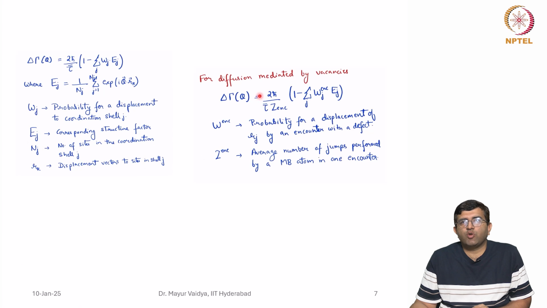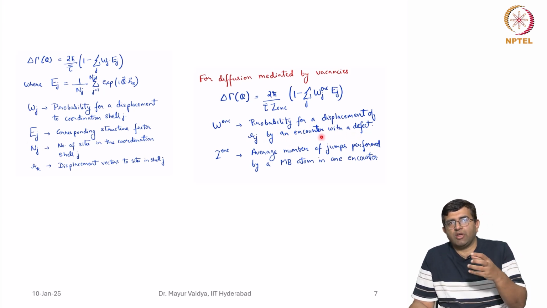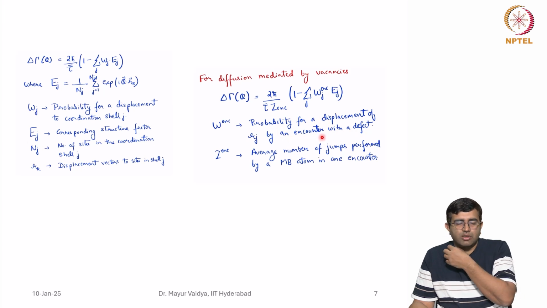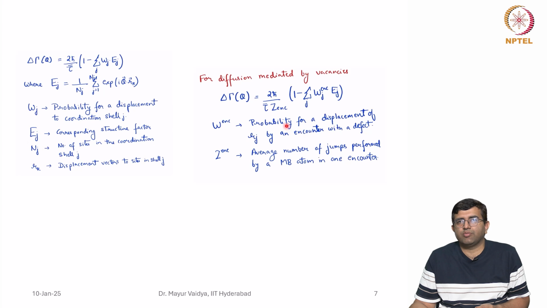If the diffusion is mediated by vacancies, then these terms get slightly modified to W_enc. You see the subscript here, and you see another subscript, which is Z_enc. What is W_enc? It is the probability for a displacement of Rj by an encounter with a defect. So whenever a defect comes into the picture, there is a specific probability.